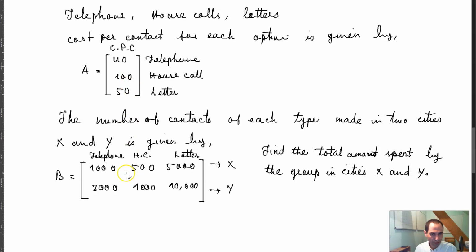And this is the number of contacts made in each of those categories for the two cities X and Y.